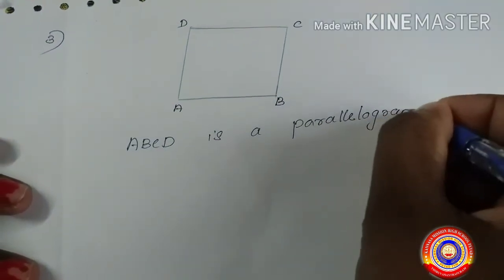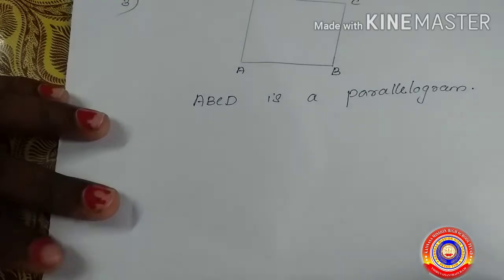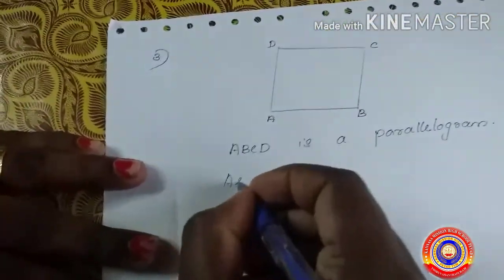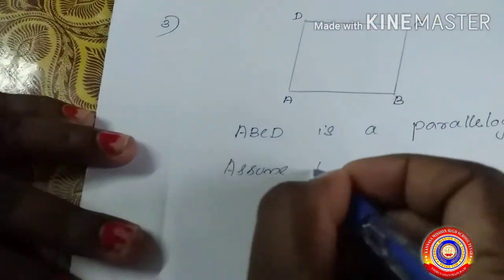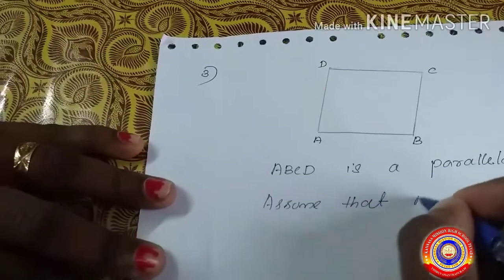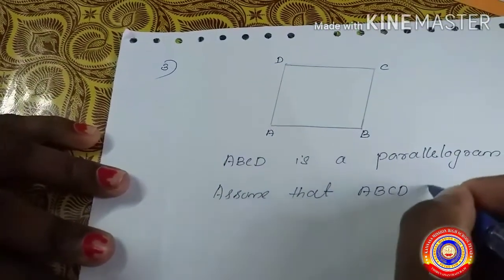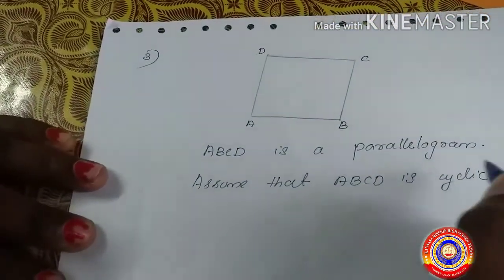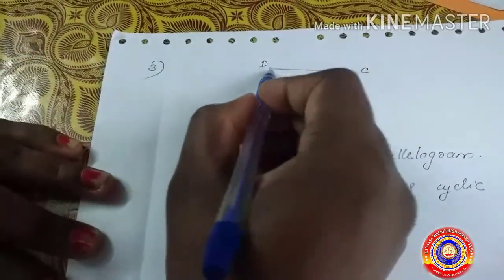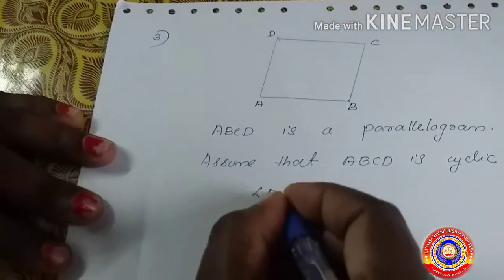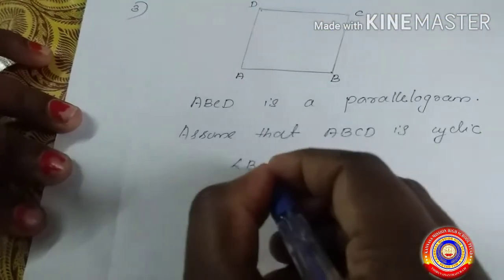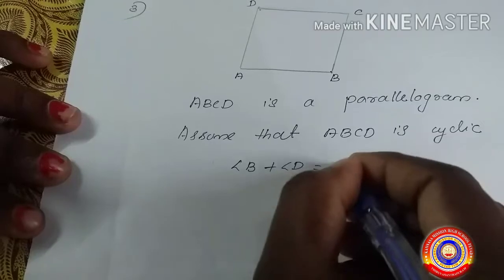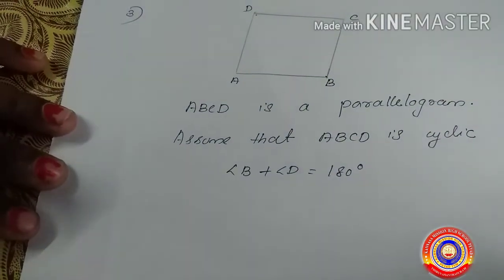First of all, assume that it is cyclic. If it is cyclic, then the sum of opposite angles is supplementary. That means angle B plus angle D equal to 180 degrees.